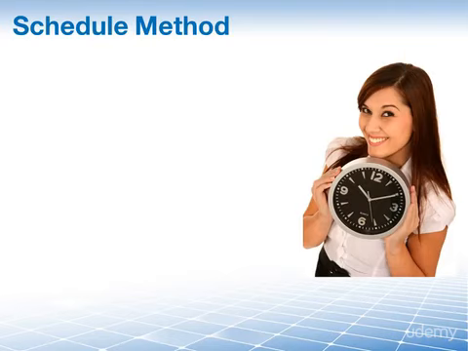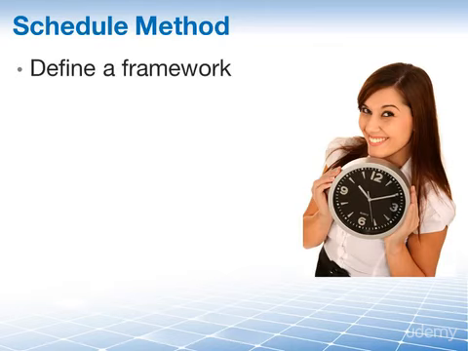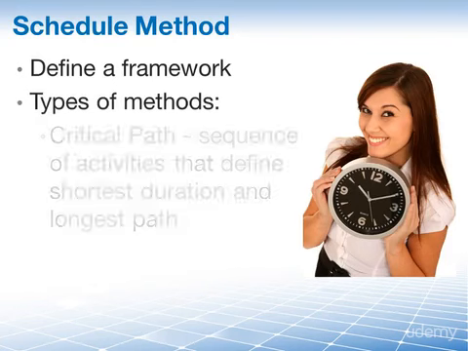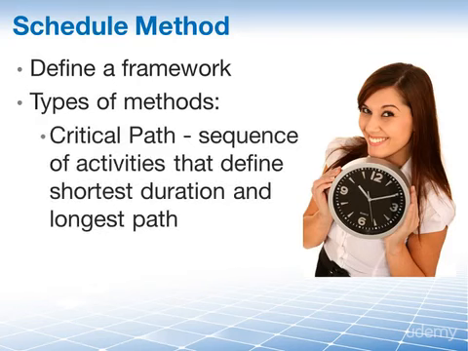So what is this schedule method that we keep talking about and that we define in the schedule management plan? Well, it is the method that defines the framework that is used in your scheduling tool to create the schedule model. There are different types of methods, and the two most common are the critical path method, which is the sequence of activities that define the shortest time to complete the project and the longest duration path through a network of tasks.